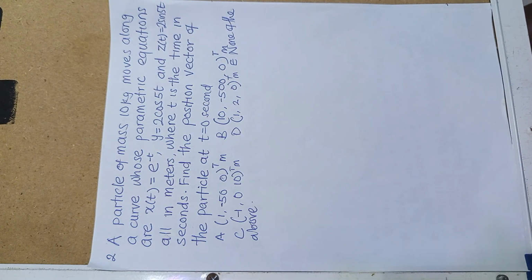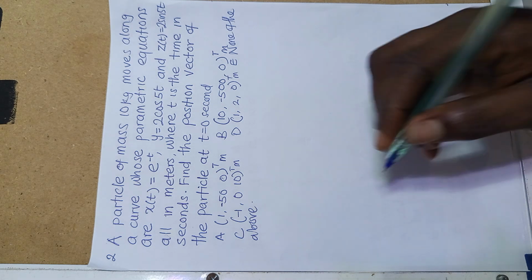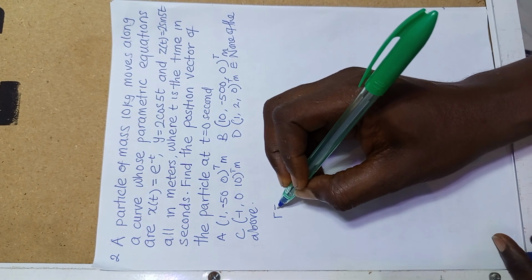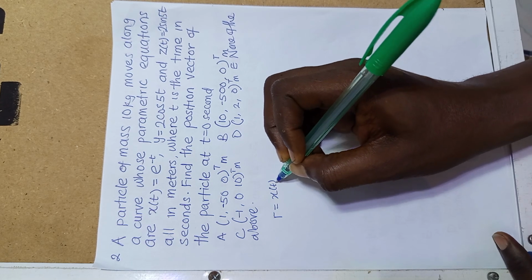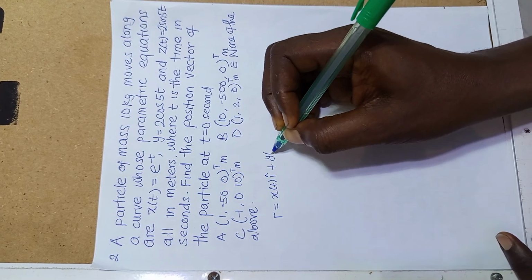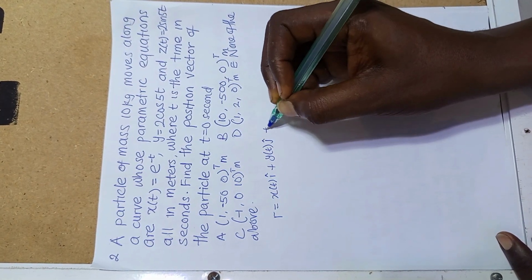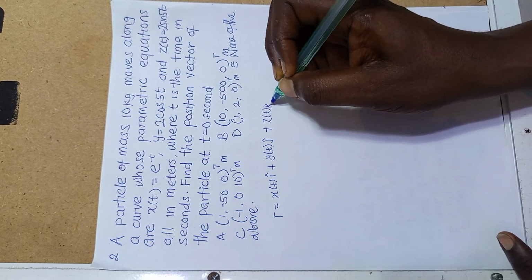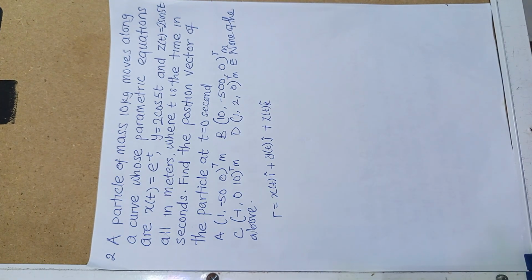Now this one says the particle of mass 10 kilogram moves along a curve whose parametric equation is what? Don't forget, position vector is S of T i, Y of T j, plus Z of T k. That is the position vector of a particular particle.